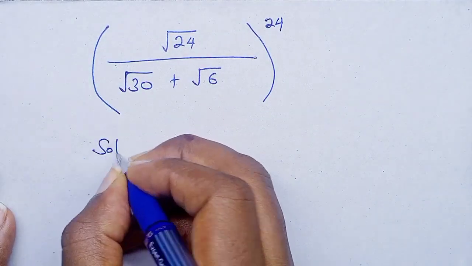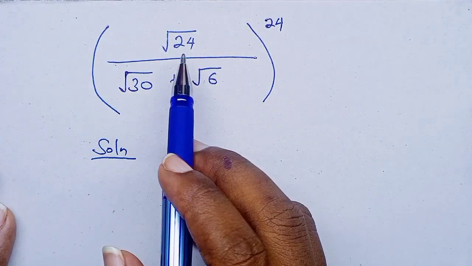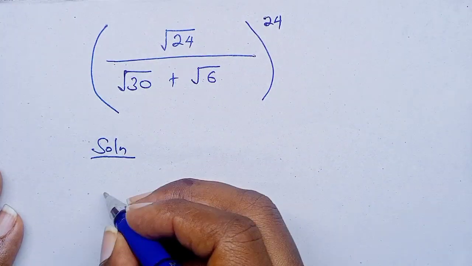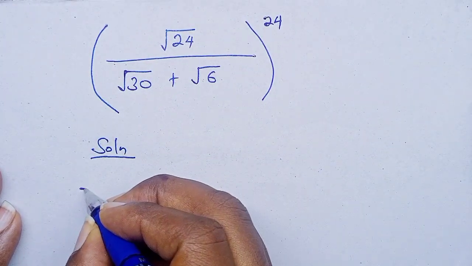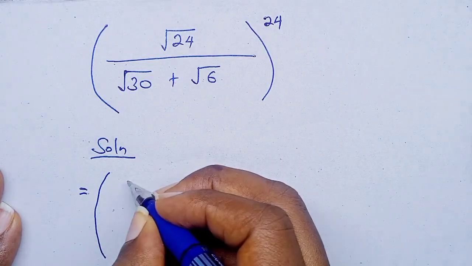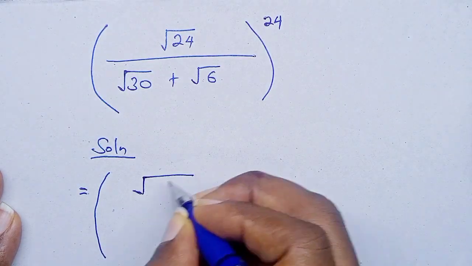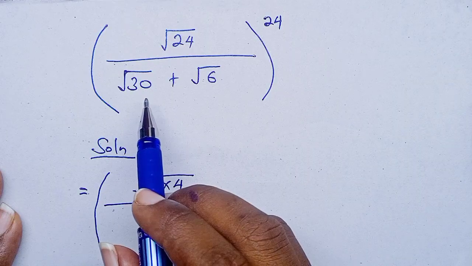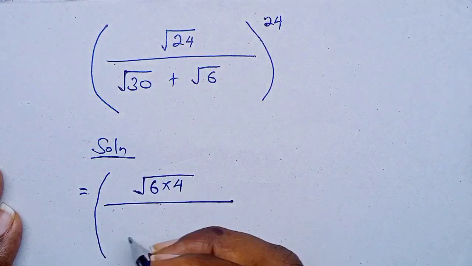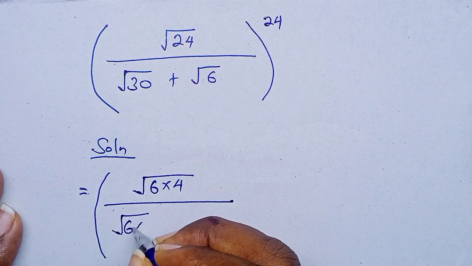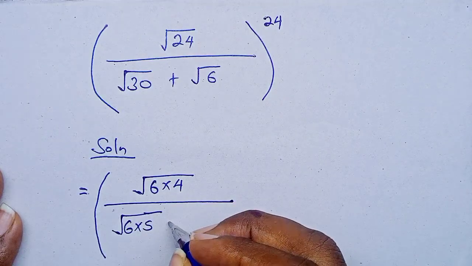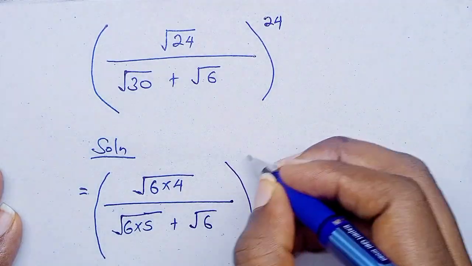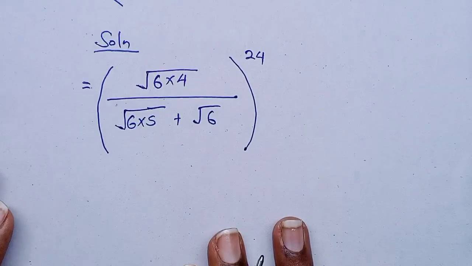So, solution. Firstly, we know that 24 can be written as 6 times 4. So we shall break it down. This will be equals to root of 6 times 4 over, now 30 can be written as 6 times 5 over root of 6 times 5, then plus root of 6 to power 24.